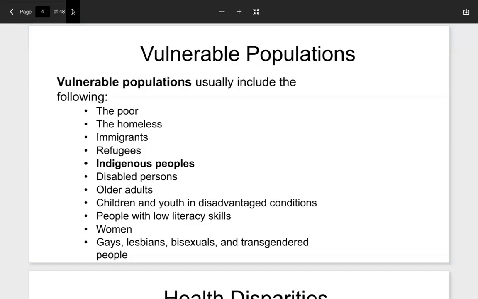That's what our lecture is going to focus on today, as well as individuals with different abilities, older adults, even youth and children in disadvantaged conditions, individuals with low literacy skills, women, and individuals that identify as part of the LGBTQ plus community.